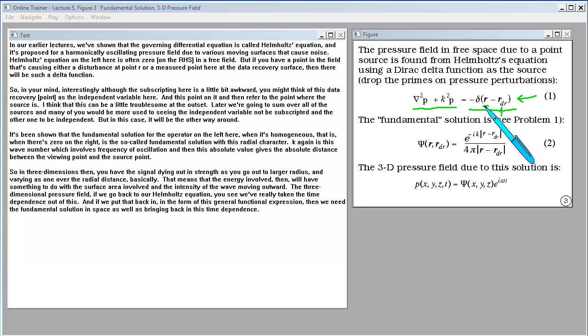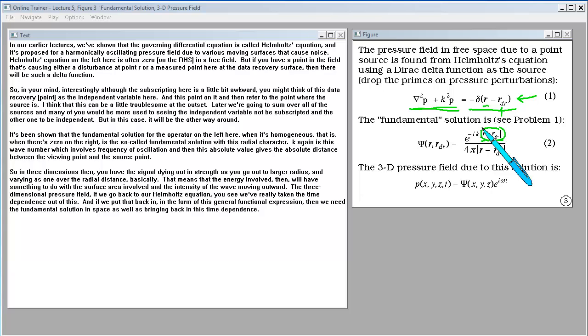It's been shown that the fundamental solution for the operator on the left here, when it's homogeneous, that is when there's zero on the right, is the so-called fundamental solution with this radial character. K again is this wave number, which involves the frequency of oscillation, and then this absolute value gives the absolute distance between the viewing point and the source point.